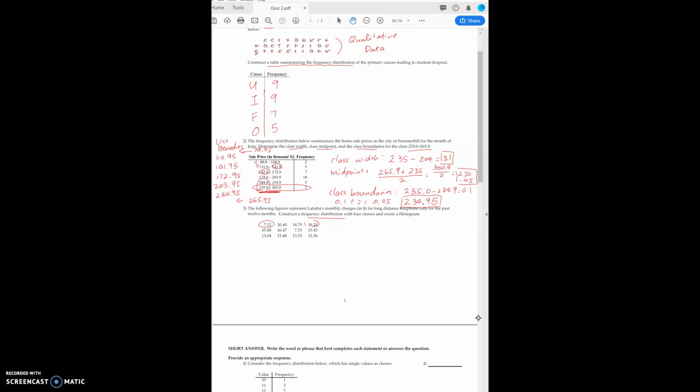So my class width is going to use the largest one, I will say 19, minus the smallest one, which is 7. And I want 4 classes, so divided by 4, 12 divided by 4 is 3. The class width is 3. It's a nice whole number, so I'm going to use a class width of 3. For that reason, I'm just going to keep whole numbers, easier for me. This is the charge.